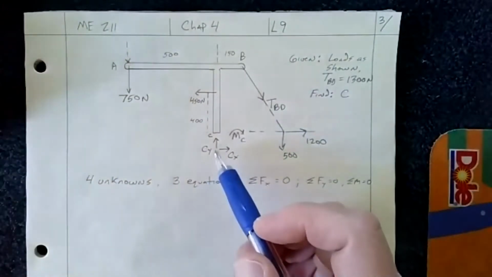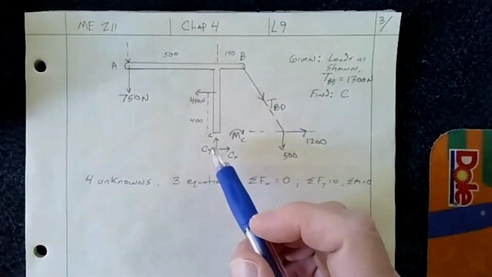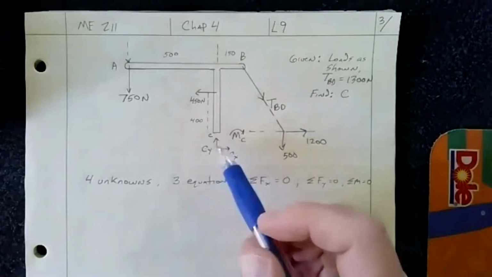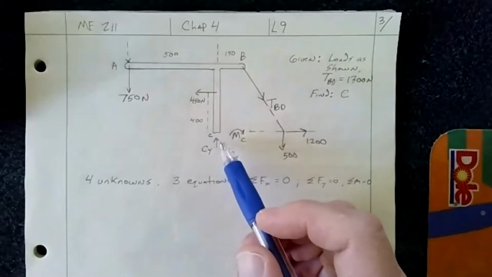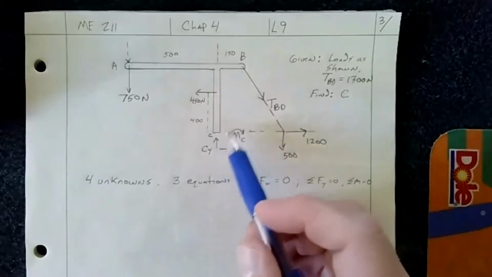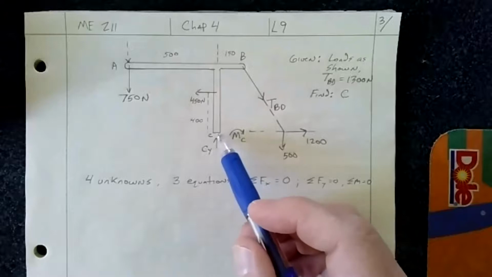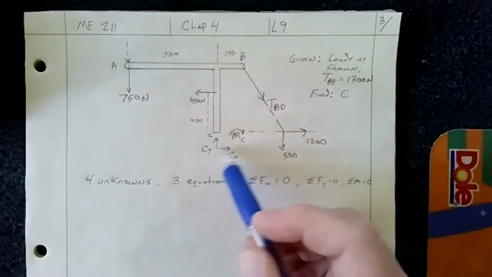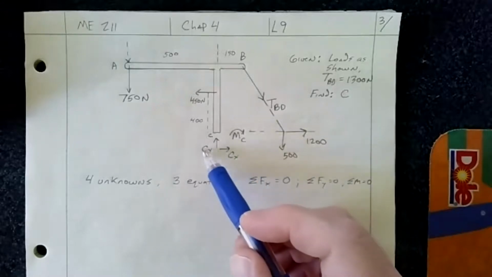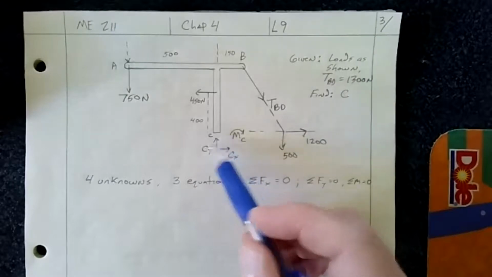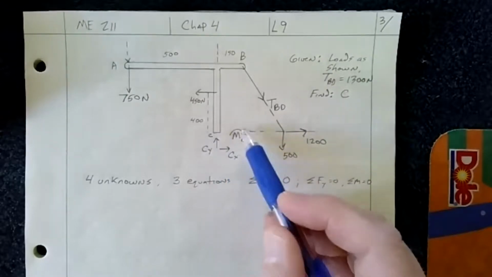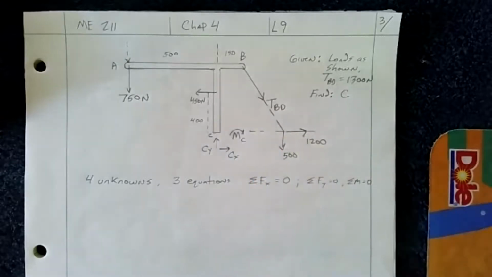Because if we sum the moments about C, we'll be able to determine how much moment is being applied at C, but it'll eliminate our forces at C. In other words, we won't have to worry about Cy and Cx because they're at that point, but when we sum the moment about that point, we can calculate this applied moment that's there. So let's go ahead and do that.